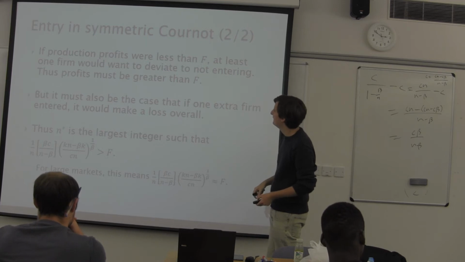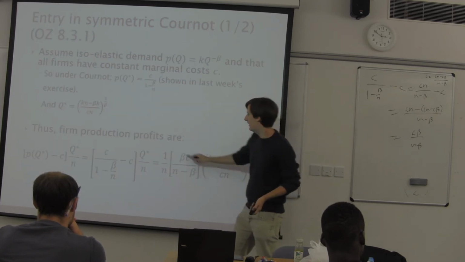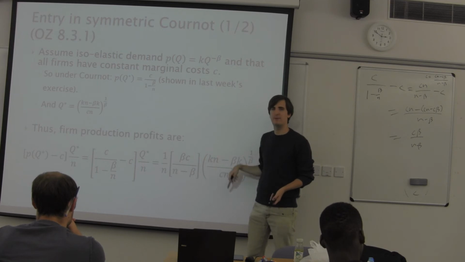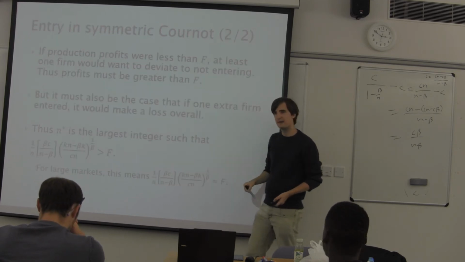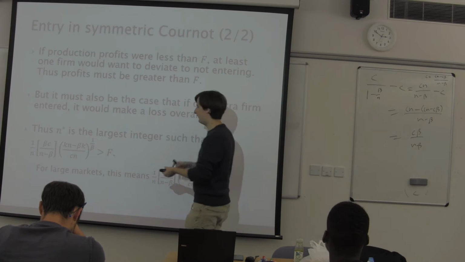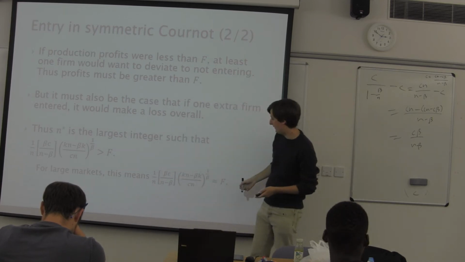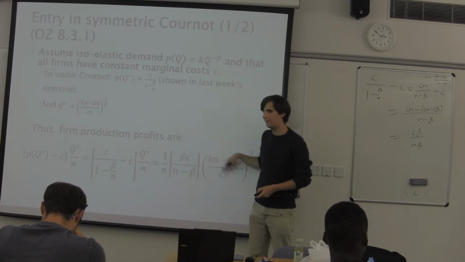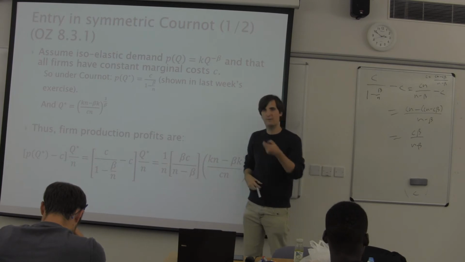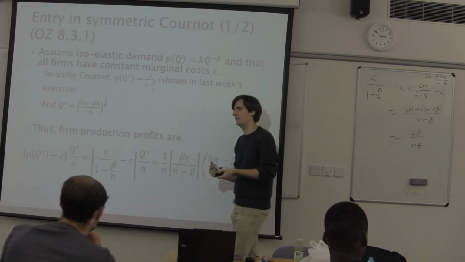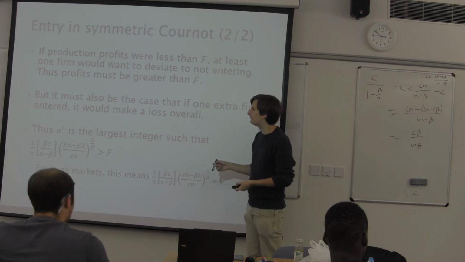So how many firms are going to enter? Well, this is the profits they're going to make in the production period. If they enter, they make those profits. These profits are a decreasing function of the number of firms. The more firms there are, the less profit each individual firm is going to make.